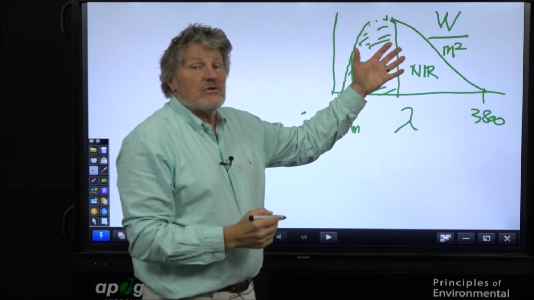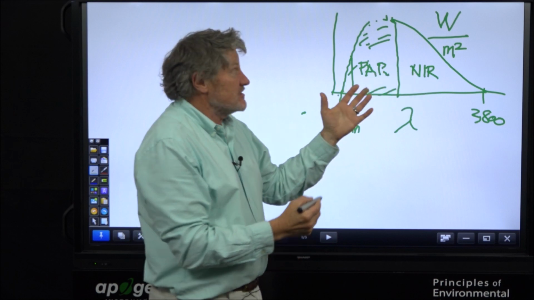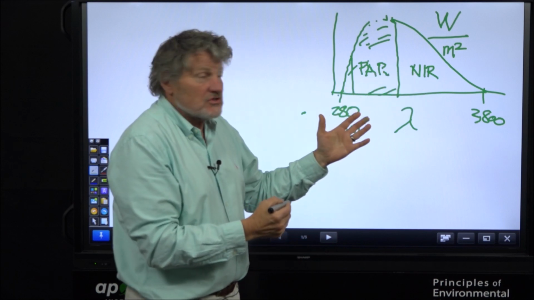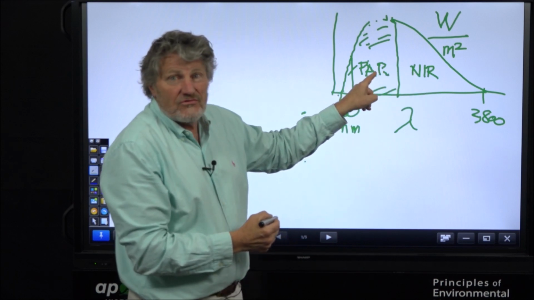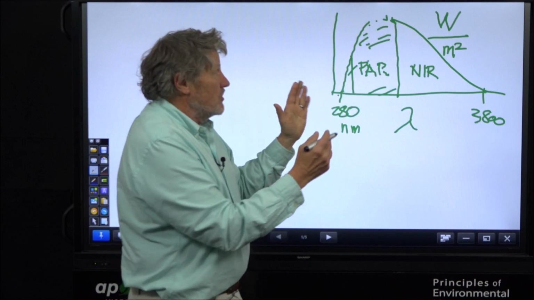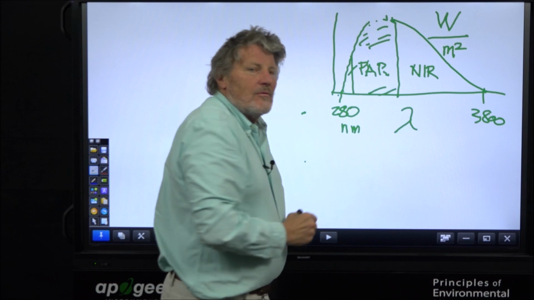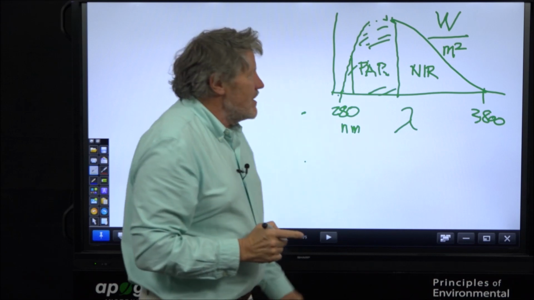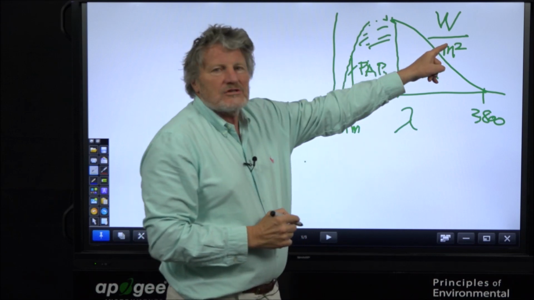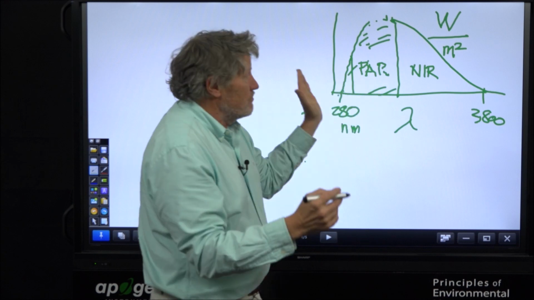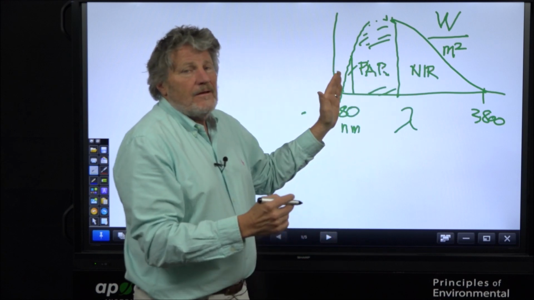This is what drives transpiration, but it's not what drives photosynthesis. This part drives photosynthesis. So we developed this term PAR, but we kept the units the same. We said PAR was watts per meter squared, and it was an improvement over the whole thing.